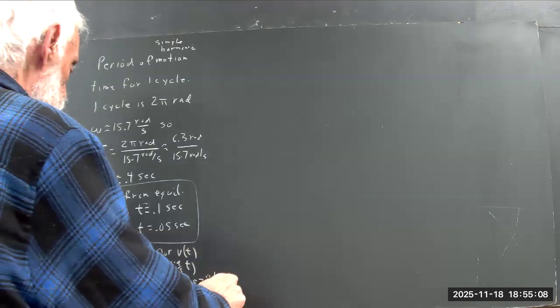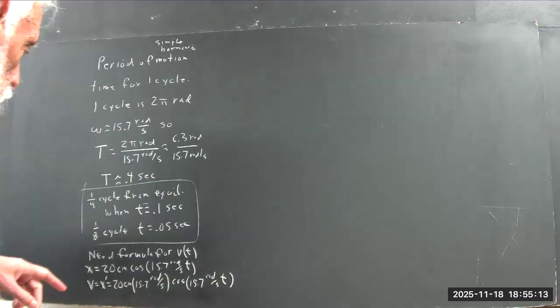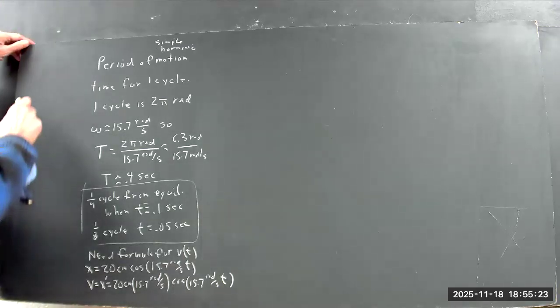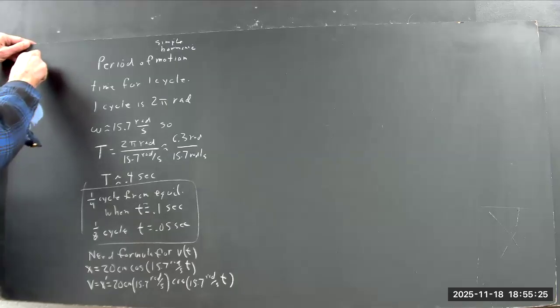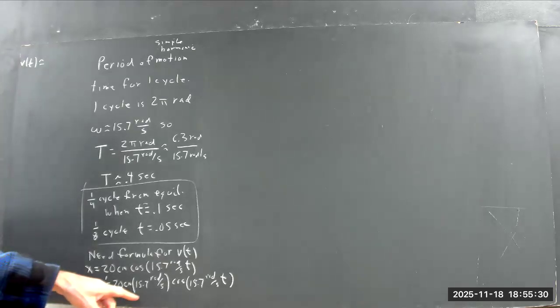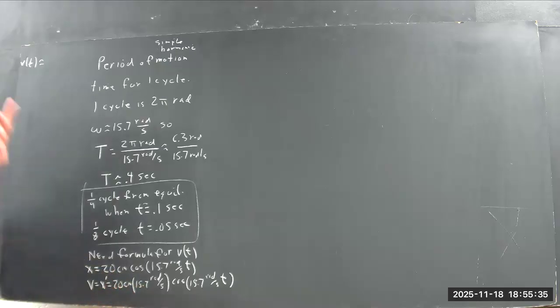You can't read that. The chalk just isn't working there, or my hand isn't working well with the chalk. Okay, there's your velocity. So we can say that V of T is approximately equal to, because this 15.7 is approximate, we'll multiply the 15.7 by 20, and we get 314, sorry.